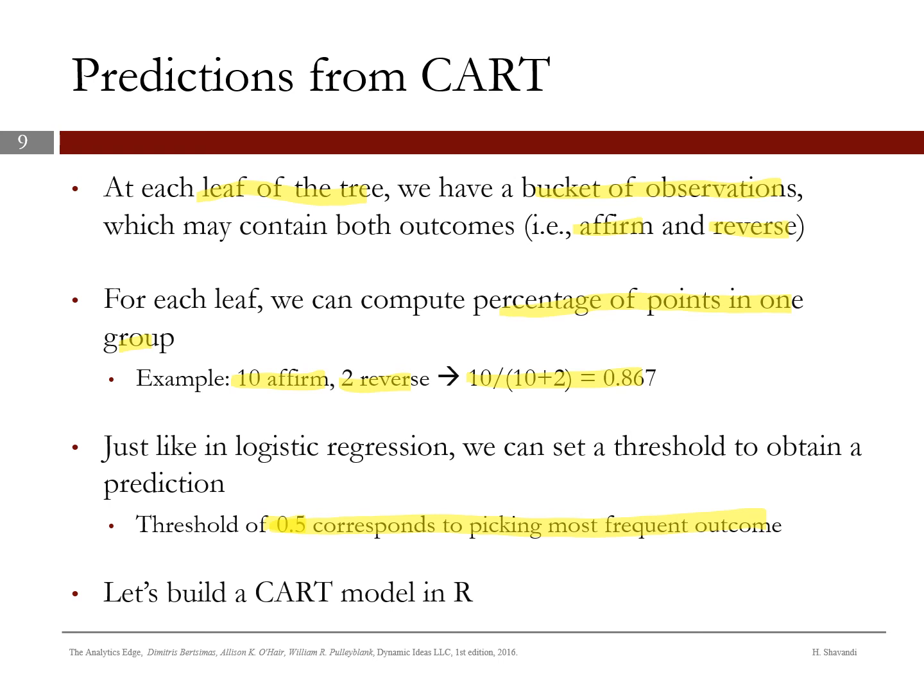So for each bucket, we will take the average of the outcome variable over all the observations that we have in that bucket, and that will be our prediction for that bucket. And since in CART all observations that are classified into the same bucket, I mean the same group, are homogeneous, we will have the same prediction for any observation classified into that bucket.